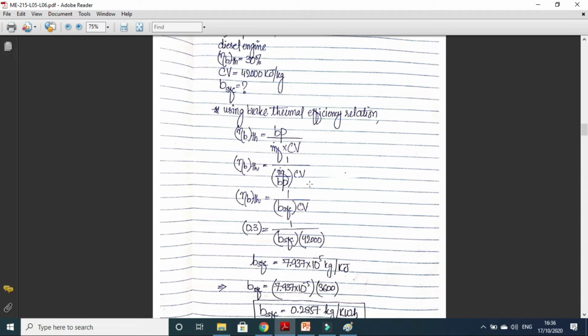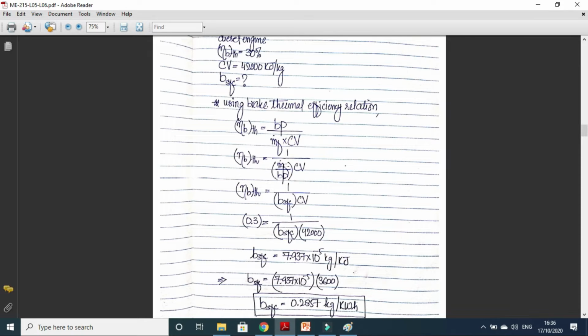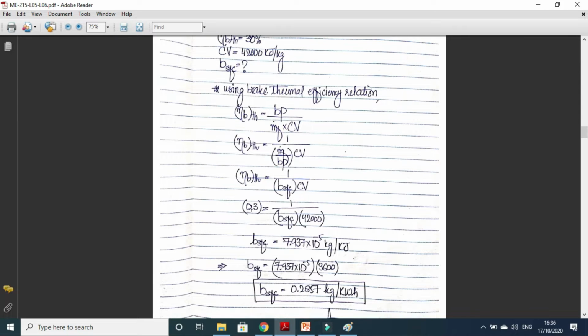I do the simplification: m dot f upon BP, which is the brake specific fuel consumption, equals 1 over 0.3 times 42,000. I put the values and I get the answer. Brake specific fuel consumption is equal to 7 times 10 to the power minus 5 kilogram per kilojoule. Now if I multiply it with 3600, then I get the answer in kilogram per kilowatt hour.